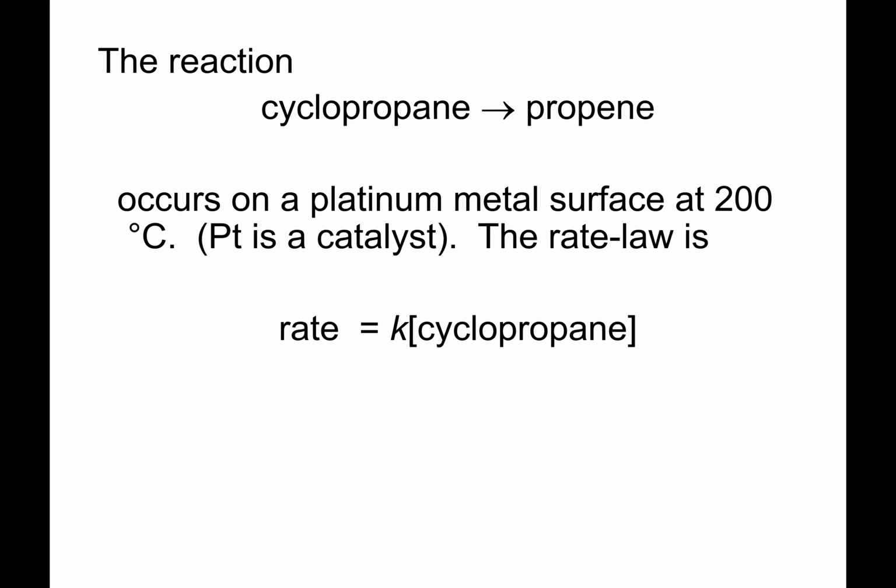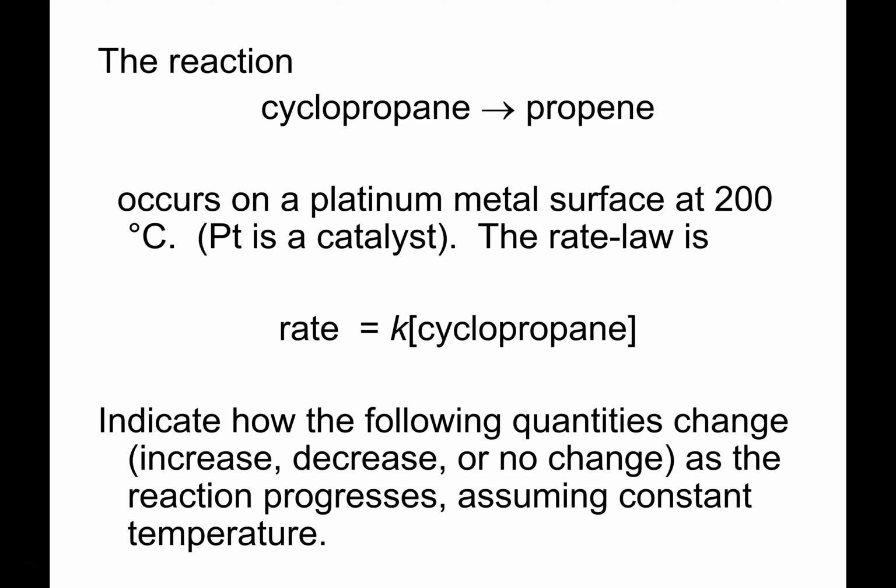Okay, so this is just a rearrangement where we have cyclopropane rearranging to form propene. And it happens to be first order. Okay. So for both of you, I'm going to have a series of questions here in a minute.